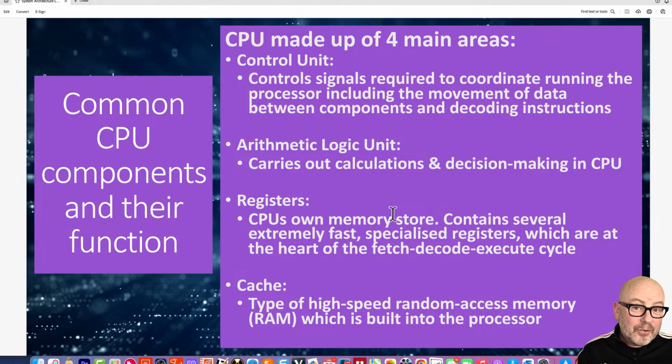So that's the first and I guess the most important one, but there's a second unit which is the ALU. And this is like a super powered calculator which does all of the calculations. But if you cast your mind back to what you've done before, it's not just the maths, it's also the logic. You know, and, or, not, all that sort of stuff, equal to, not equal to.